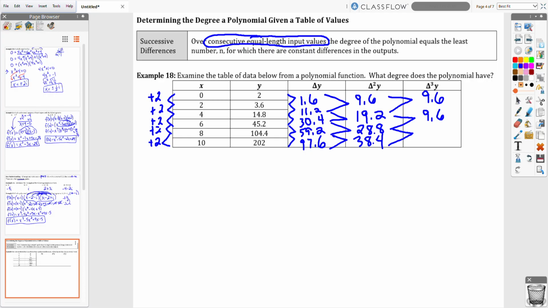And the last one, 38.4 minus 28.8, and that's also 9.6. So these are the third differences. So if the third differences are the same, then the original function will be a cubic polynomial or a degree 3 polynomial. So this function is cubic, because those third differences are constant.